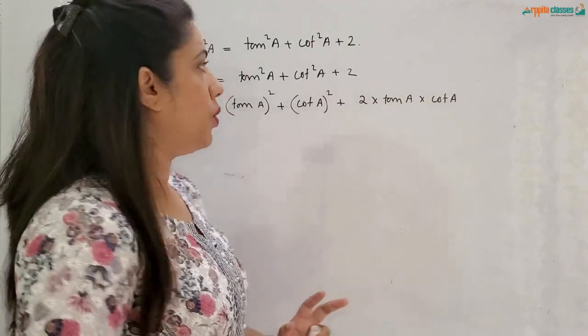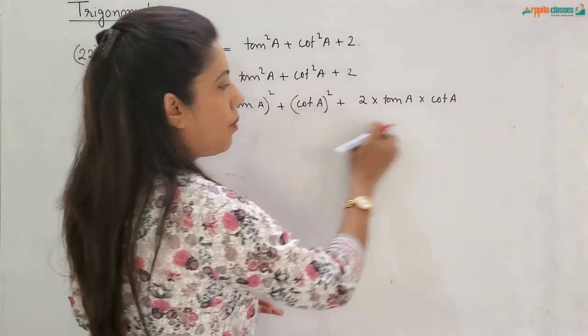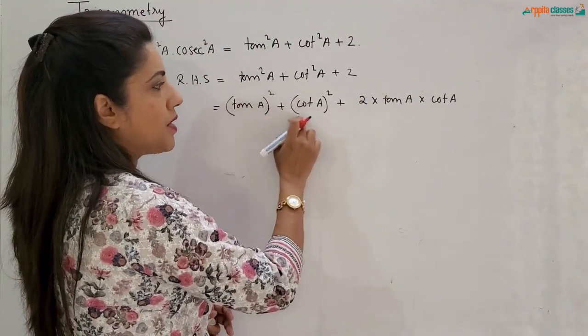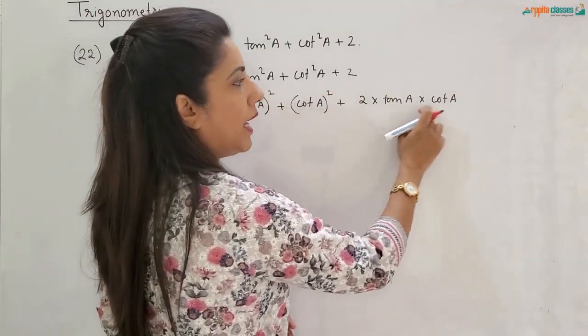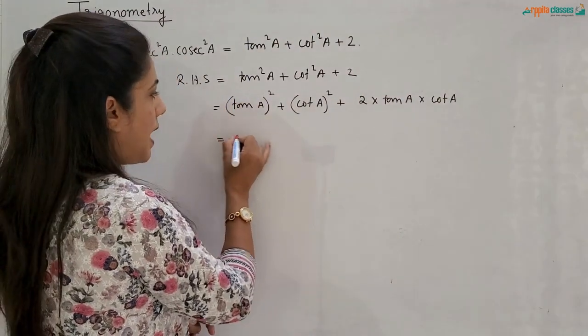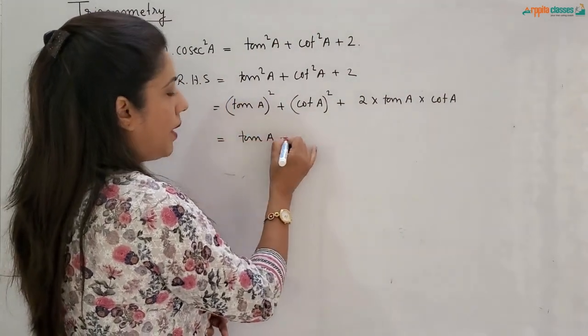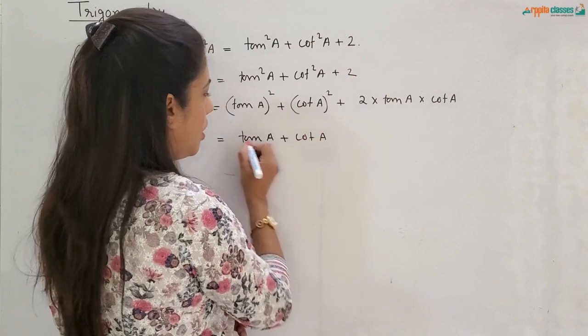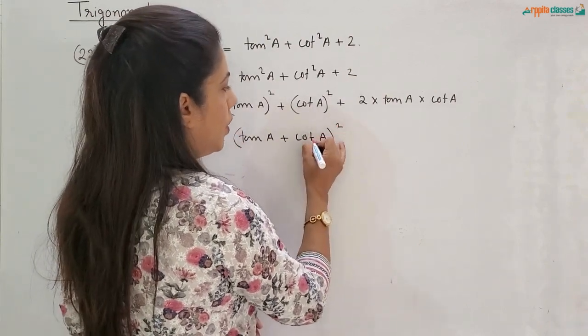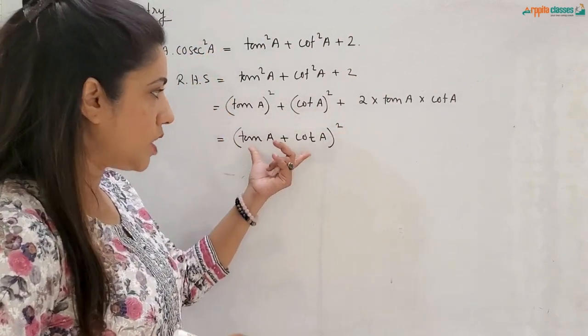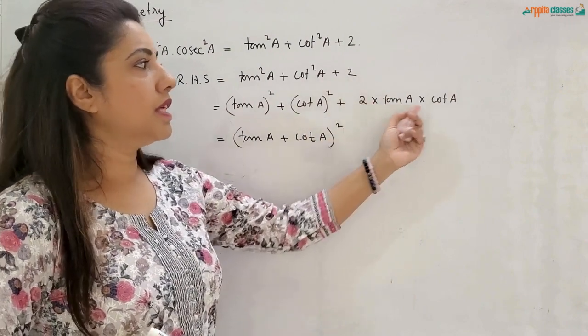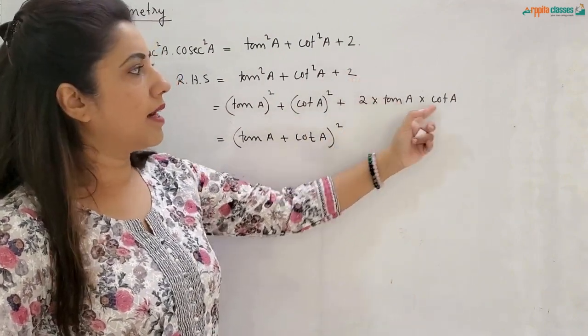Now why did I do so? Because this I am getting in the form of a square plus b square plus 2ab, which is my a plus b the whole square. To get it in this form, I wrote 2 into 1, and 1 can be written as tan A into cot A.